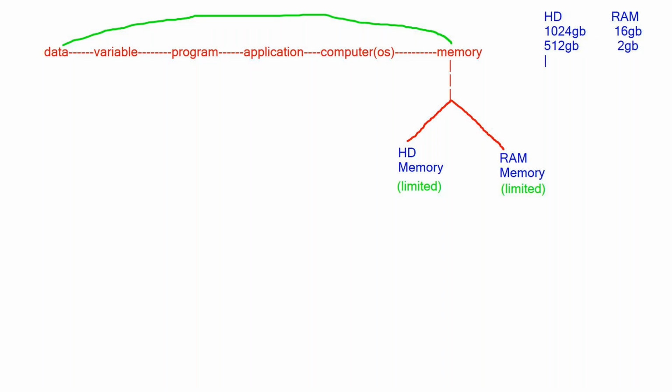I also have a mobile phone with internal storage of 256 GB, whereas RAM is 8 GB. I also have another laptop with 128 GB internal storage and 3 GB RAM.